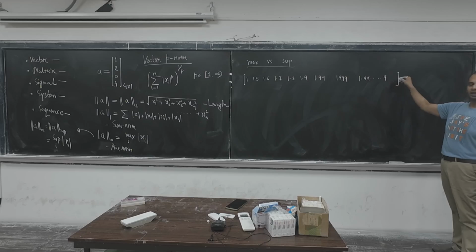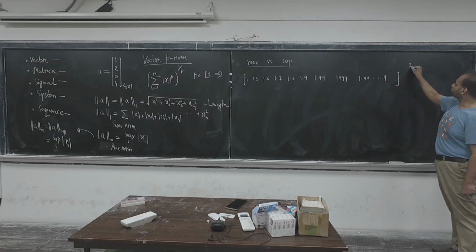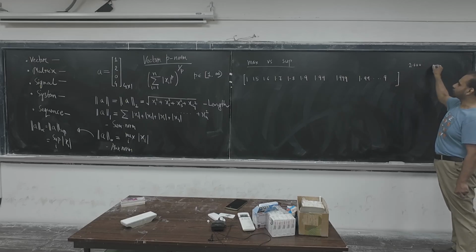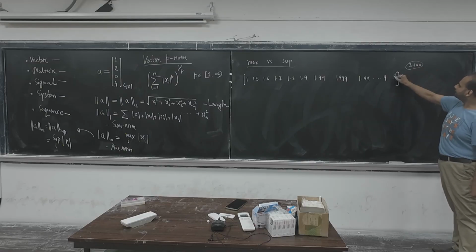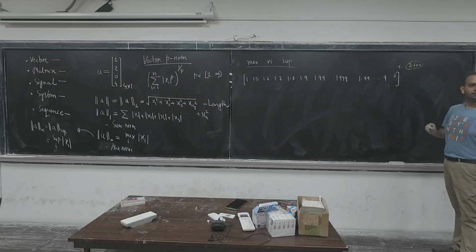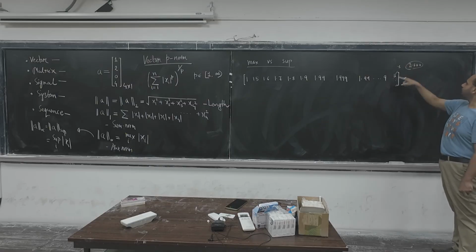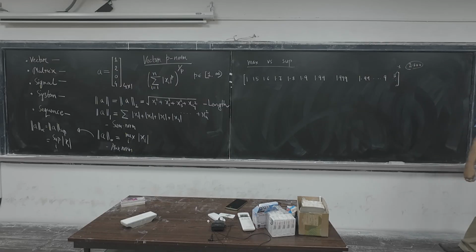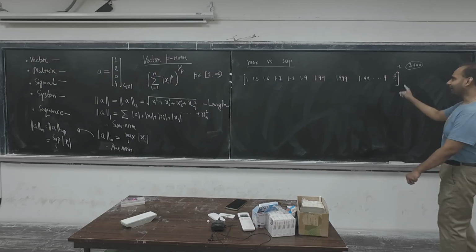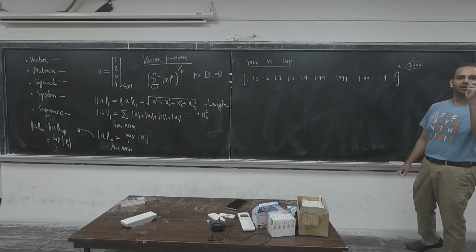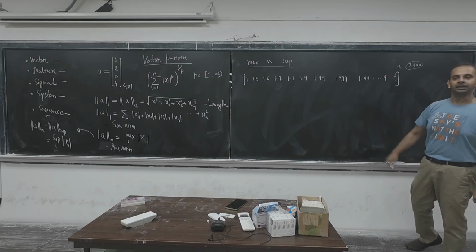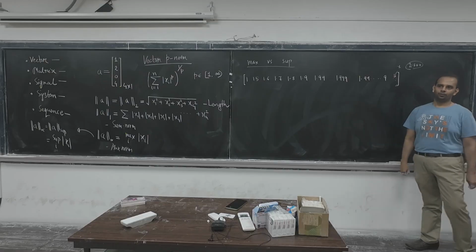If you see the pattern, ultimately this is going towards 2.0000, but that particular element is not included. So the supremum of this set is 2, but it is not attained. In such cases, we cannot write max; you have to write sup.